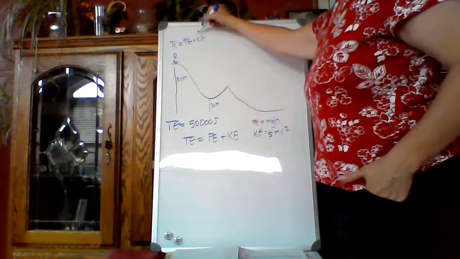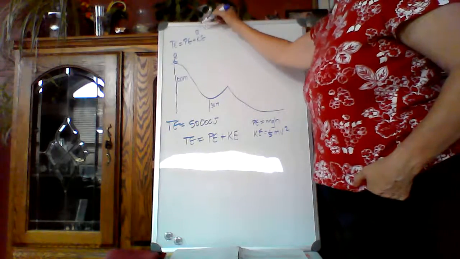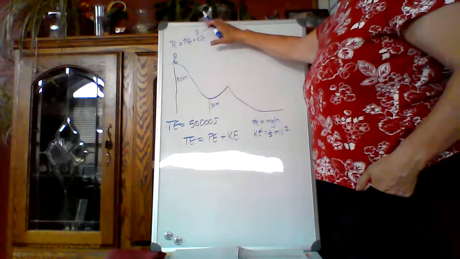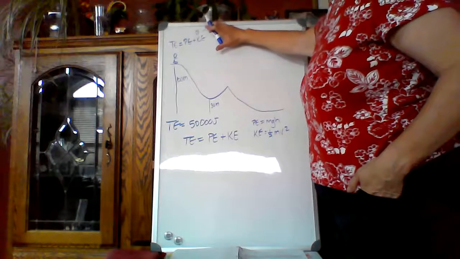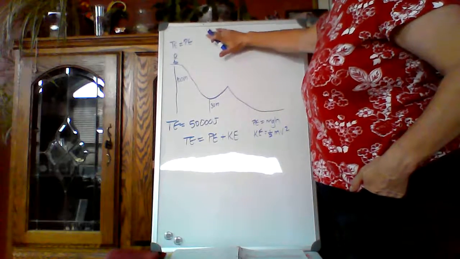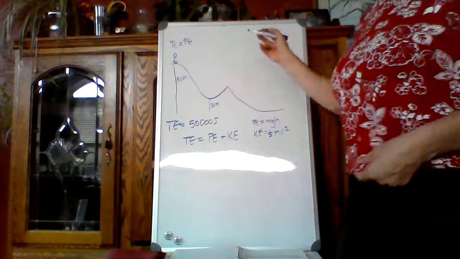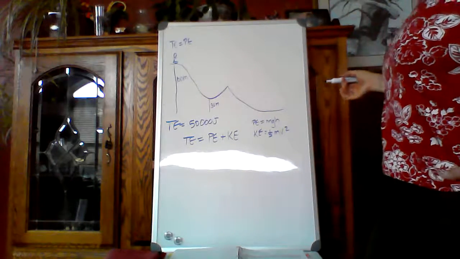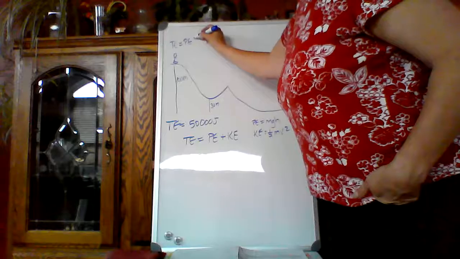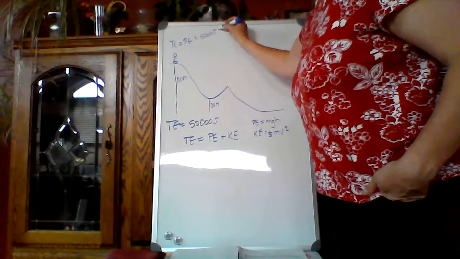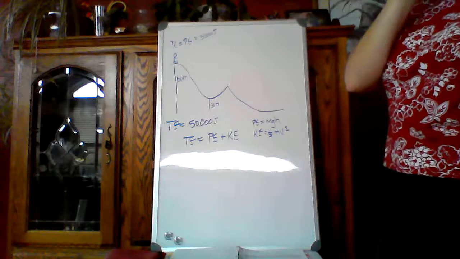But at this point, we know that the kinetic energy is 0 because the velocity is 0. So we can say that at the top, before any motion starts, the total energy is going to equal the potential energy. Or the potential energy equals the total energy, if you want to think about that. And so it will equal 50,000 joules, the potential energy at that point.